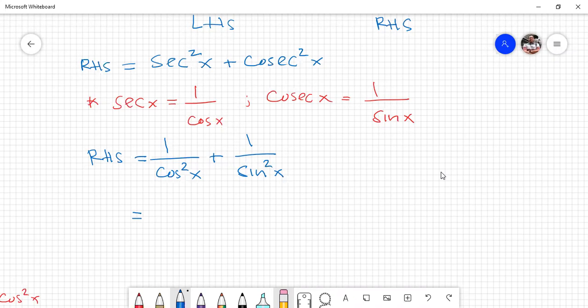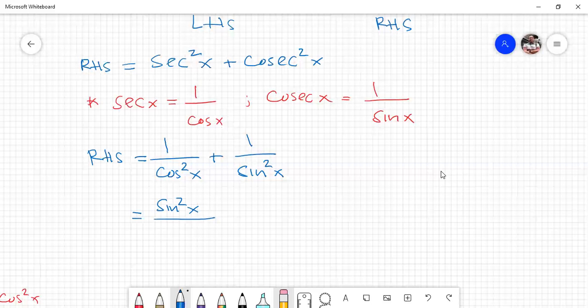Now this is a fraction, and mathematically you can do this easily. Just make the denominators the same. So this becomes sine square x plus cosine square x, over cosine square x times sine square x.